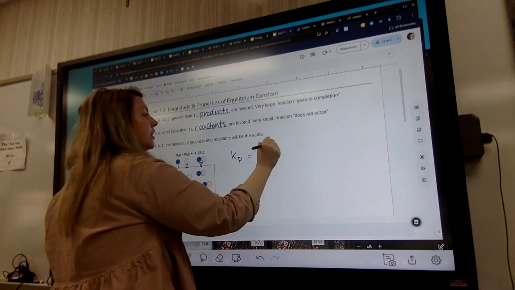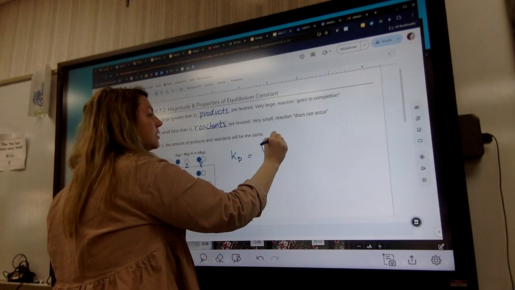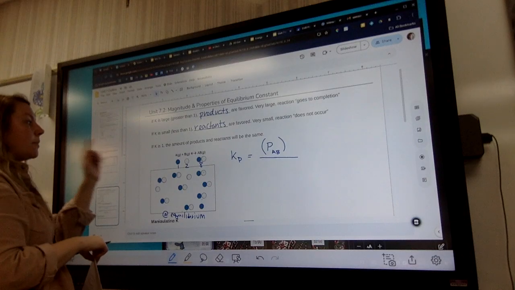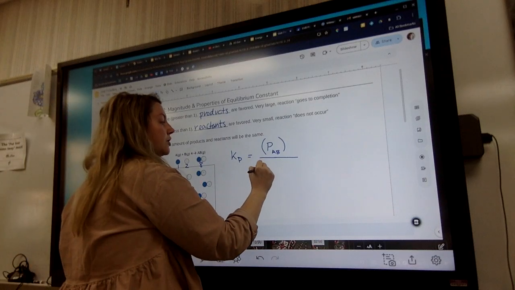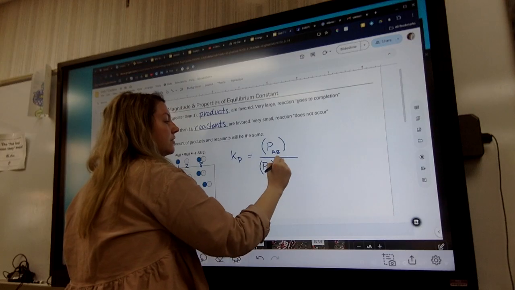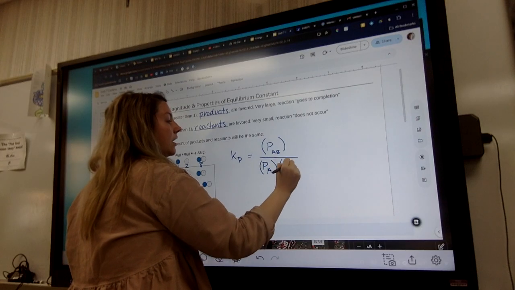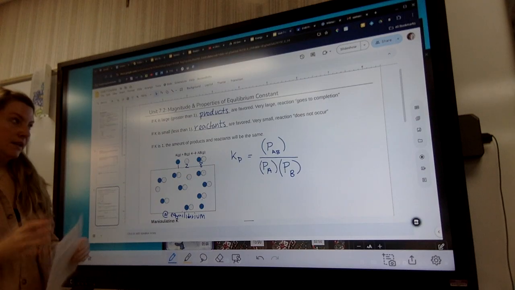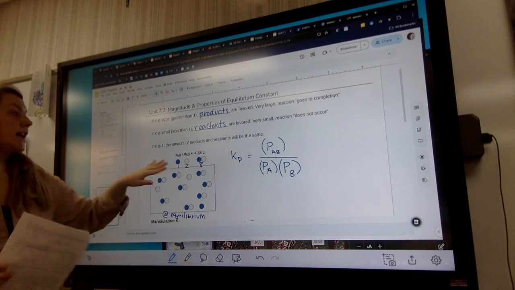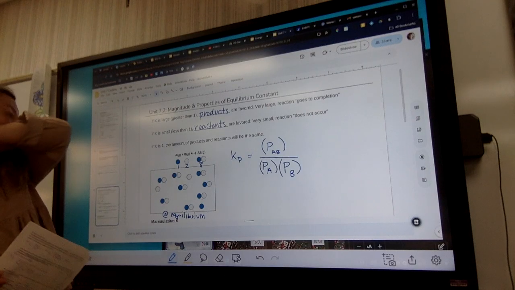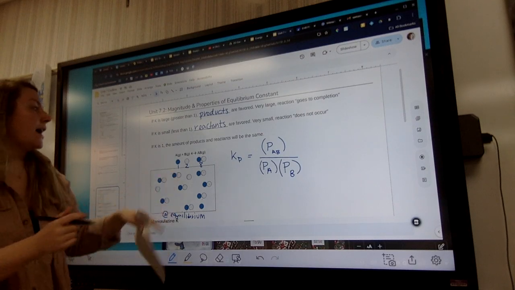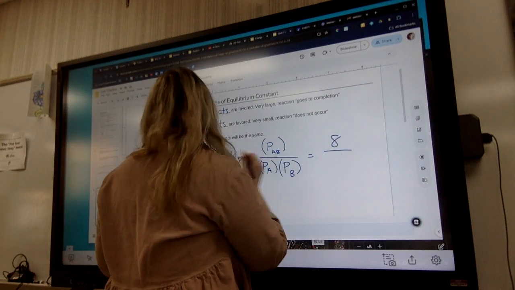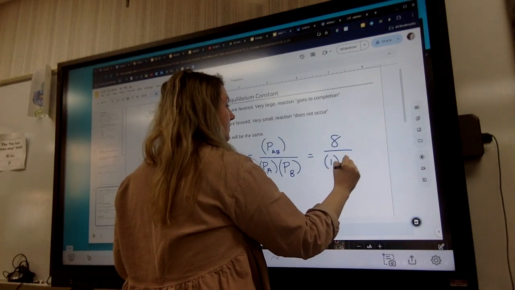So the pressure of AB raised to the first power, divided by the pressure of A, again raised to the first, times the pressure of B, again raised to the first. So just exactly what we did yesterday. But now we're going to plug in those values. So my AB is 8, divided by 1 times 2.